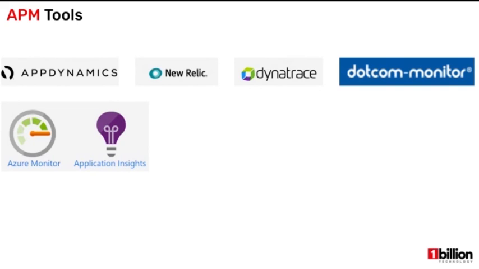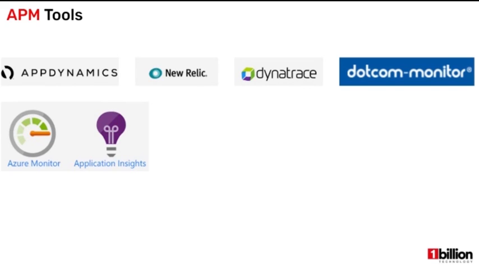So we can tell customers there are tools like this for the production service. We have AppDynamics, New Relic, Dynatrace, and .com monitor. It's only a few tools. There are many. Pingdom is also a kind of monitoring tool, and Monitis also. There are many application performance management tools in the industry, so we need to propose and work on this as well.